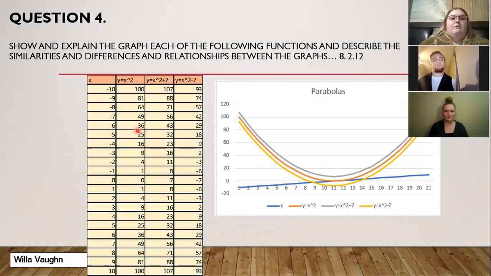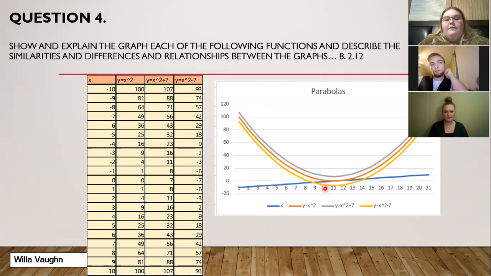So you can see over here we have our points already determined. We have -10, 100 right here. So what you would do is you would come over here and you would find x, which is going to be our x-axis, and I'm actually going to start with +10.